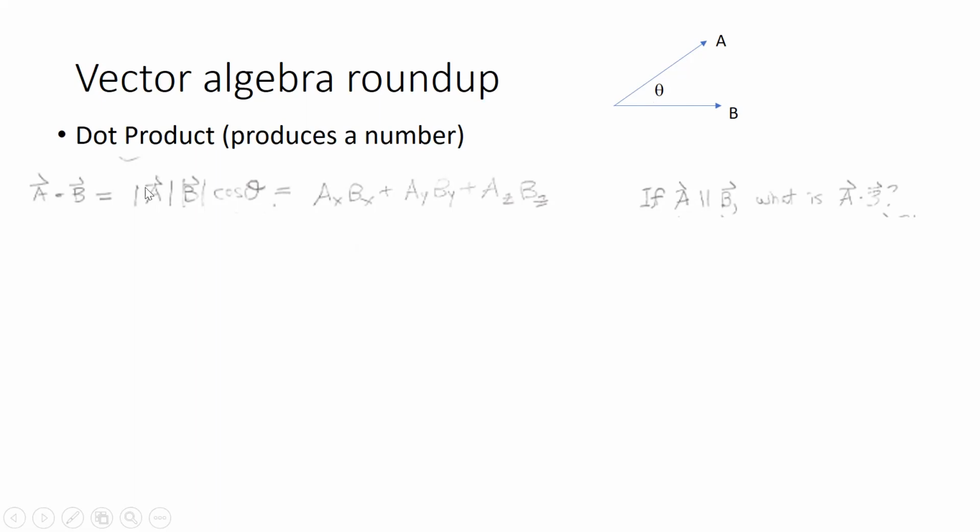So the dot product would just be equal to the magnitude of A times the magnitude of B in that case. What about the case if A is perpendicular to B? What would A dot B equal in that case? I'll let you think about that for a second.